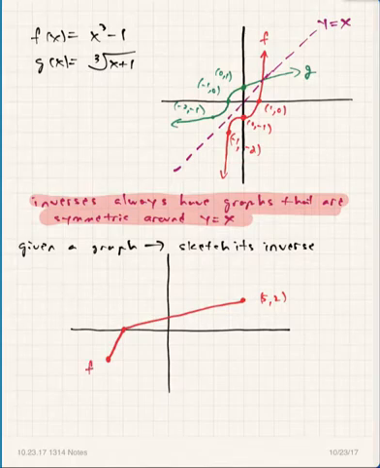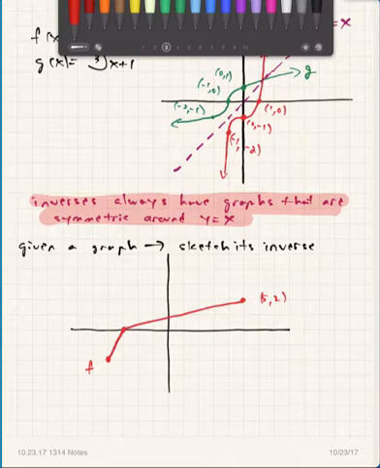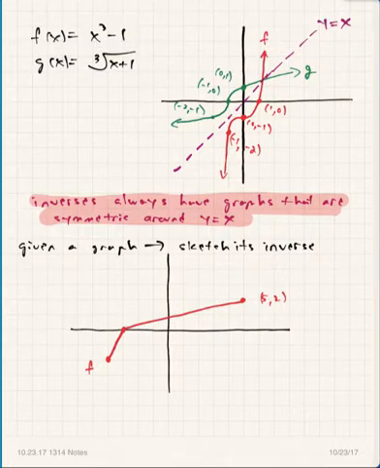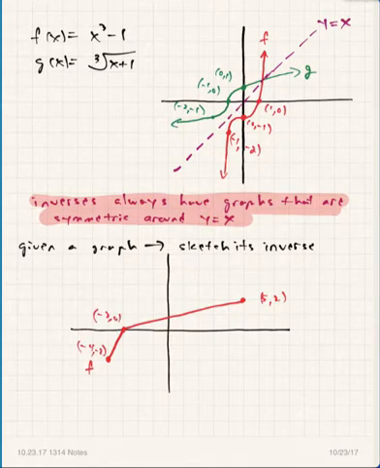Then for f inverse, we could sketch that graph easily enough by just interchanging the x and y values for each of the points on this graph and using the fact that the two graphs have symmetry around y equals x. So this point right here was at -4, -2. This one was at -3, 0, and then 5, 2. So we take those 3 points and we interchange them, and we get -2, -4 right here.